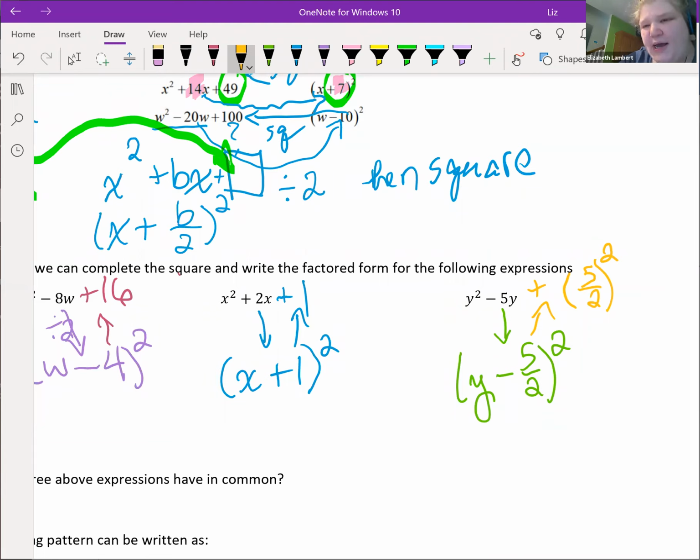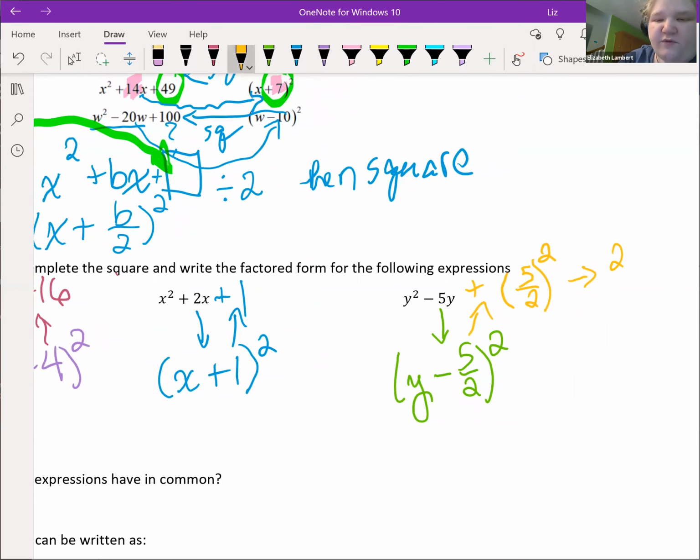That's the thing I want to add. This is definitely a time where I'm like, pull out the calculator. Don't stress your brain. So there's our factored form. The number that this equals, that would go on the other side, is 25 over 4. Because this thing is always squared, this is always positive. So the other side will also get added a number to it.